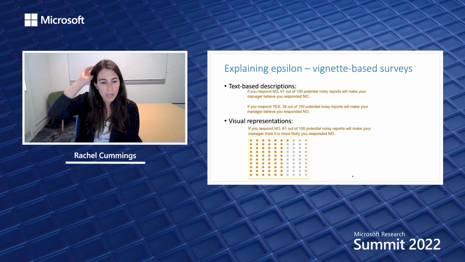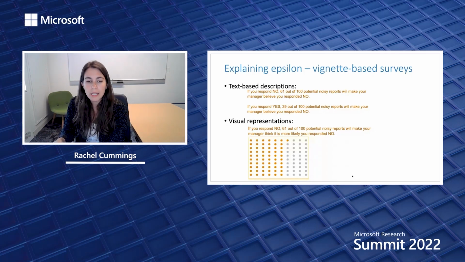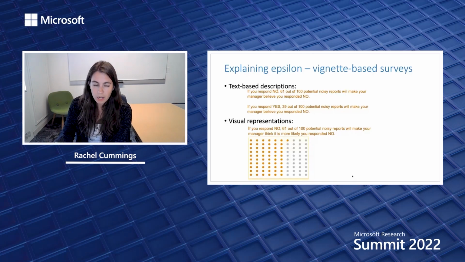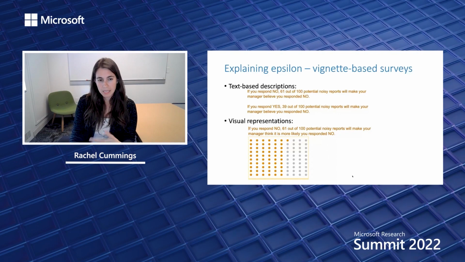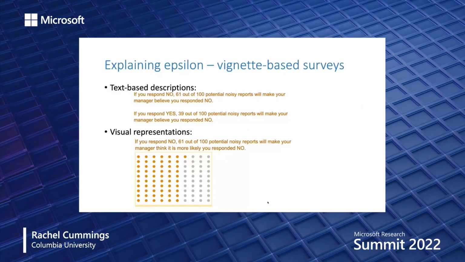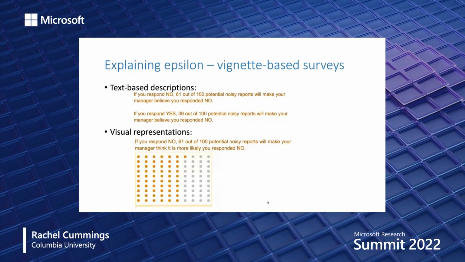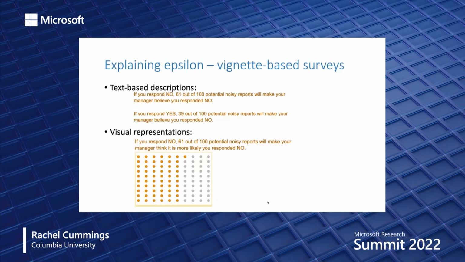So we have some ongoing work looking at alternative ways of presenting this. This is also being done using vignette-based surveys. I don't have time to explain it fully, but it's basically asking, there's some embarrassing information about you and you have to complete a survey at work, but you don't want your manager to find out.